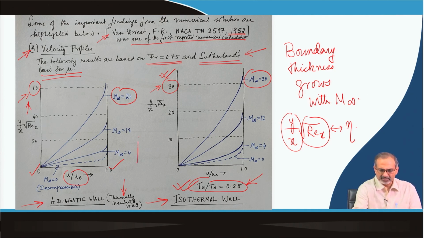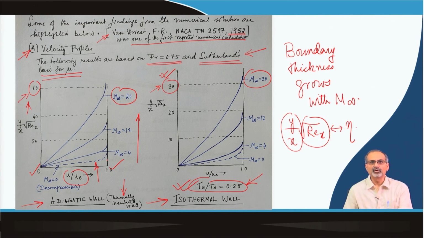Again, as the Mach number increases, the boundary layer thicknesses grow quite rapidly, and if you were to compare the results with respect to the incompressible result, where M infinity is equal to 0, the thicknesses are way larger than them. So, these are some of the things one can conclude by looking at these plots.